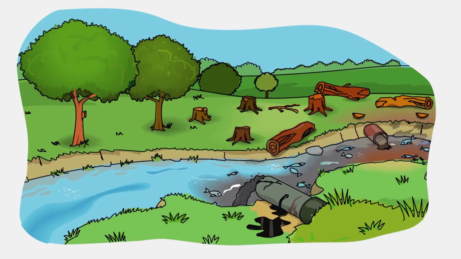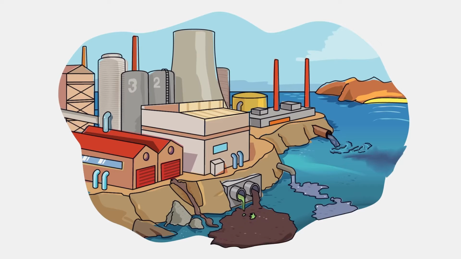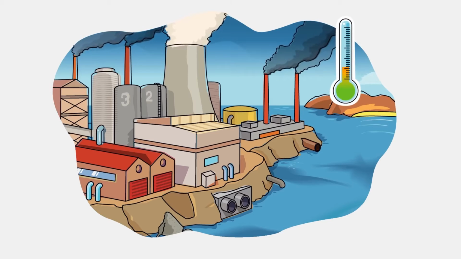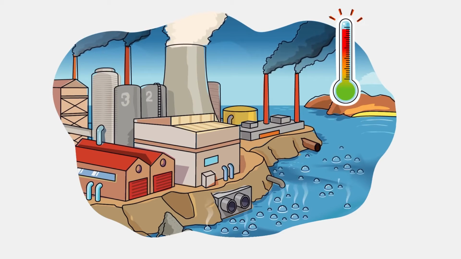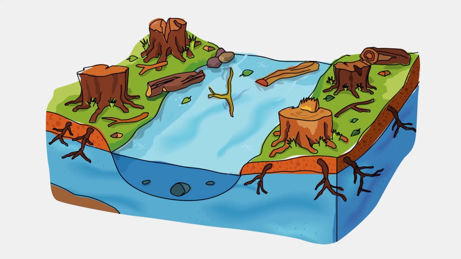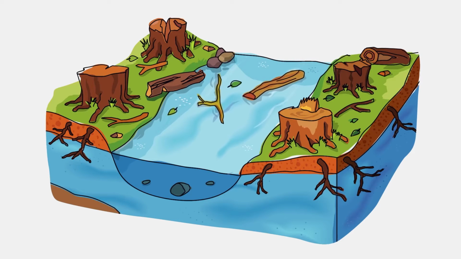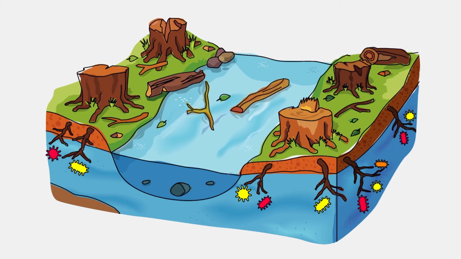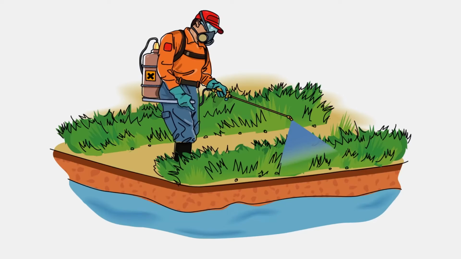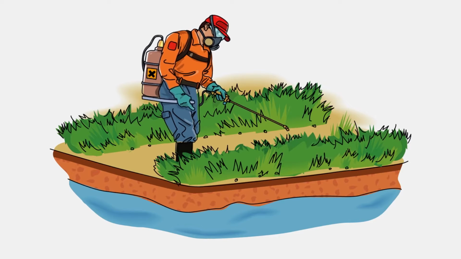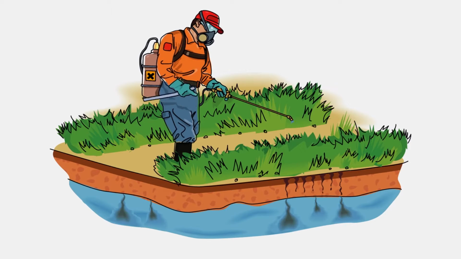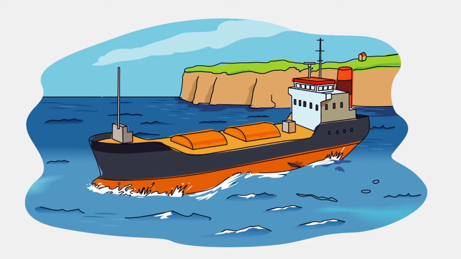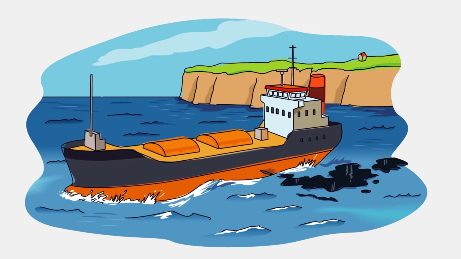Humans are the main cause of water pollution, which is triggered in many ways: by the dumping of industrial waste, due to temperature rise that causes the alteration of water by reducing the oxygen in its composition, or due to deforestation, which causes sediments and bacteria to appear under the soil and therefore contaminate groundwater. In the same way, the pesticides used in agricultural fields filter through underground channels and reach the consumption networks, and also as a result of accidental spillage of oil.